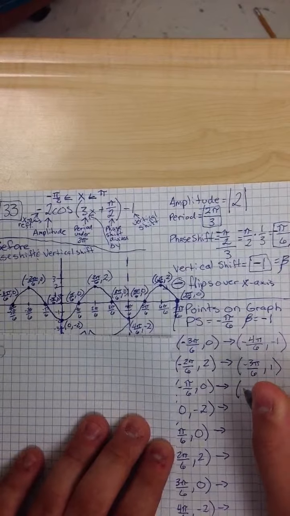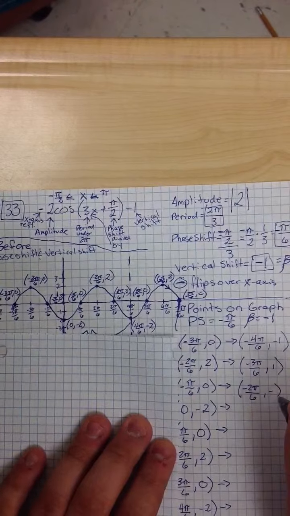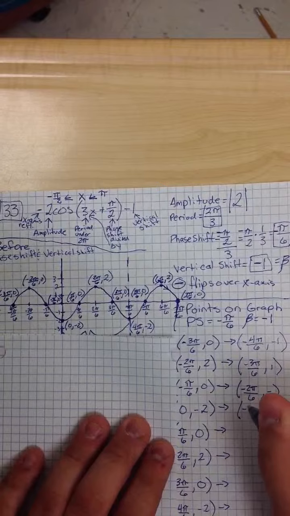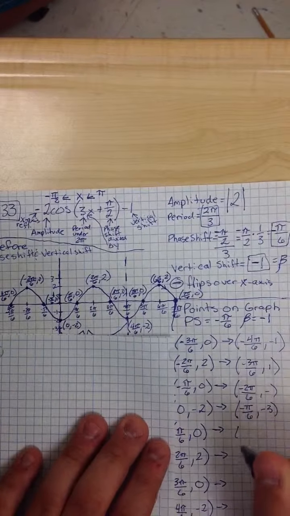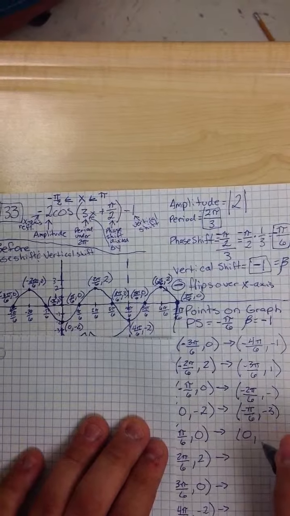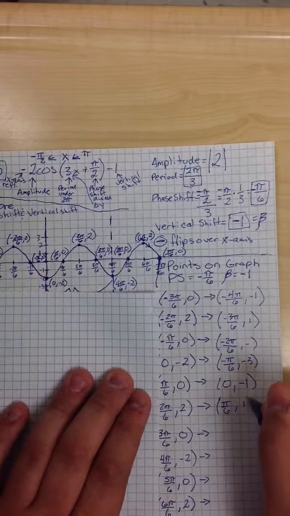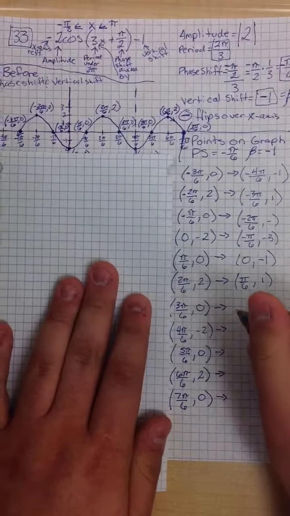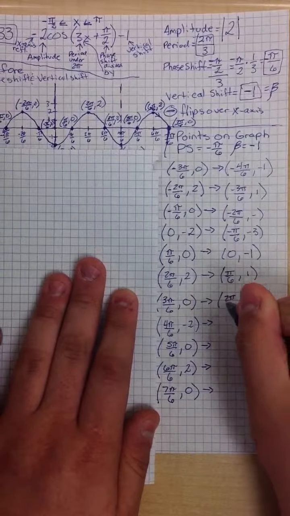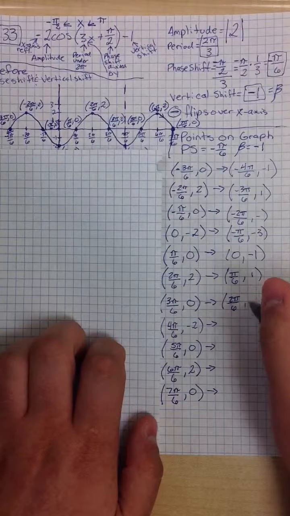This one would give us negative 2 pi over 6, negative 1. Then negative pi over 6, negative 3. Then 0, negative 1. Then pi over 6, 1. Then 2 pi over 6, negative 1.